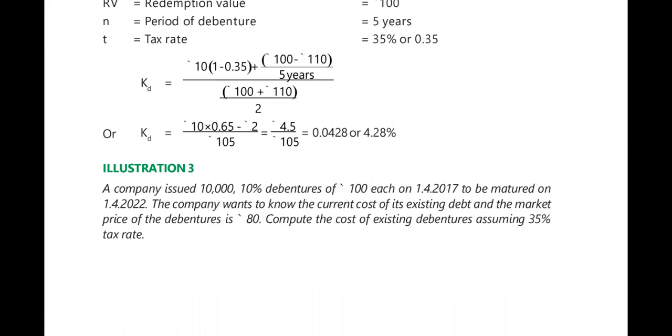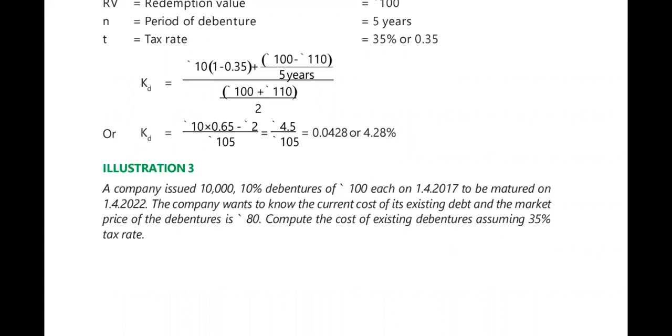Compute the cost of existing debentures assuming 35% tax rate. Okay, we need to calculate by taking all this information given to us. The tax rate is given, the current market price is given, interest is given.